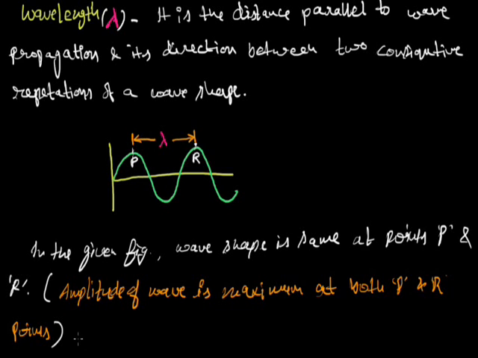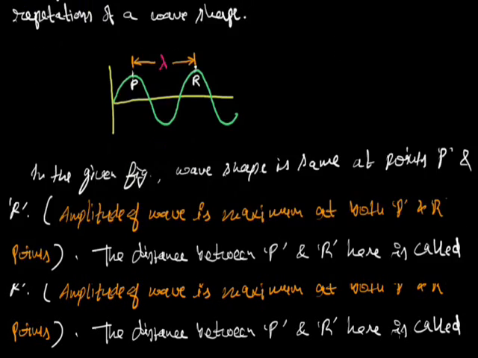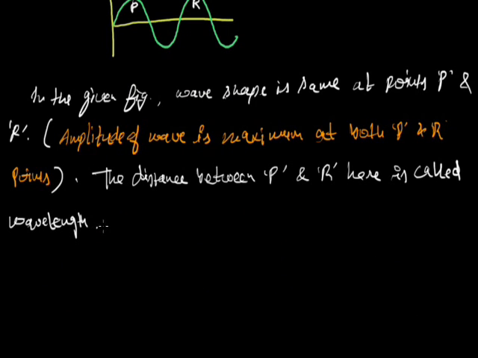So what does it mean? That the distance between P and R here is called wavelength measured along x-axis.